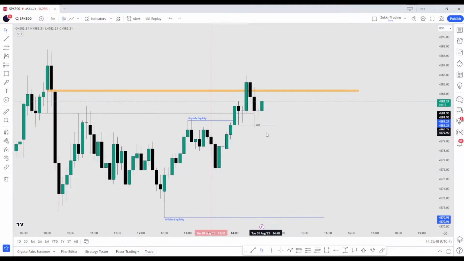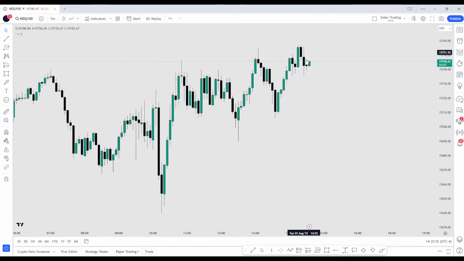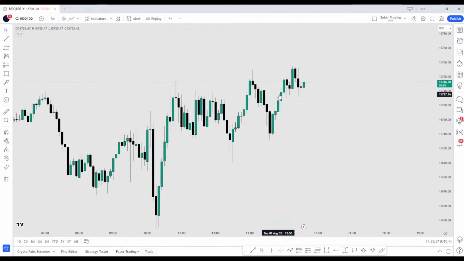I want to really see a displacement below it. Phoenix, I'm looking for either displacement below and closure below this fair value gap, or just displacement.